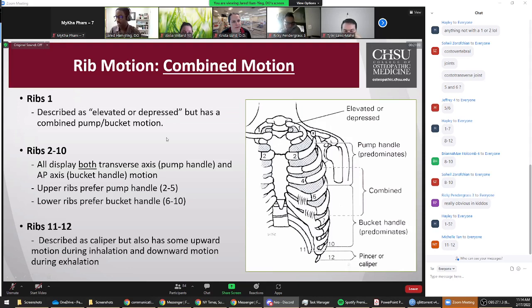It's going to be classified as a pump handle motion here because it does have that combination. When you're talking about 2 through 10, they do both, but your majority talking about pump handle 2 to 5 is going to be upper, and the lower 5 are going to be that bucket handle, and 11 to 12 are a little bit different with their caliper type motion. So that kind of that lateral deviation with that motion. Okay.